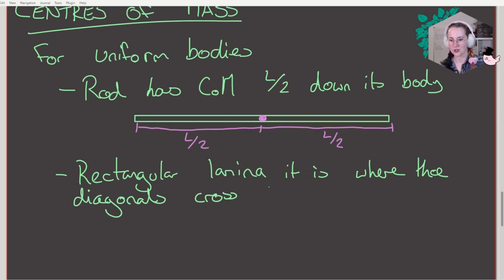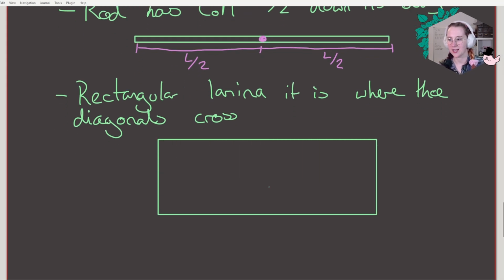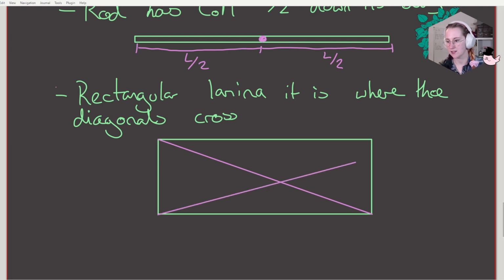And I think that that is true. So now we have a sort of rectangle shape. If I draw my diagonals in on my rectangle, then my center of mass is precisely here.